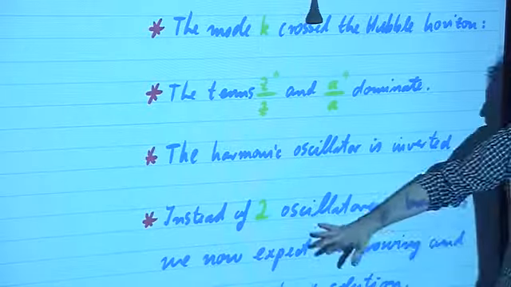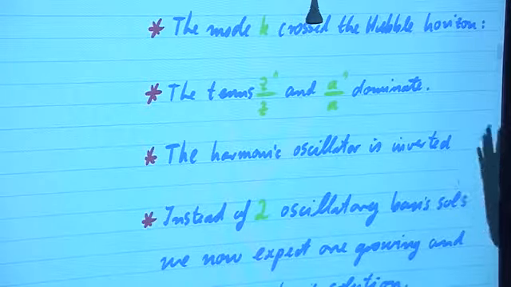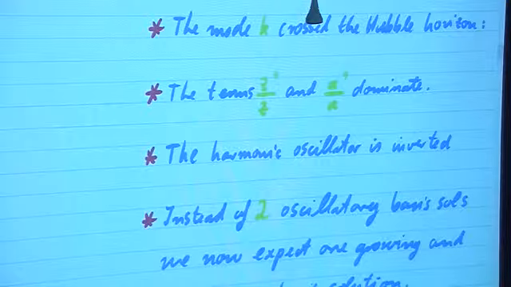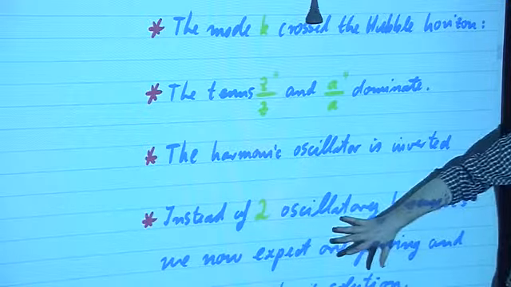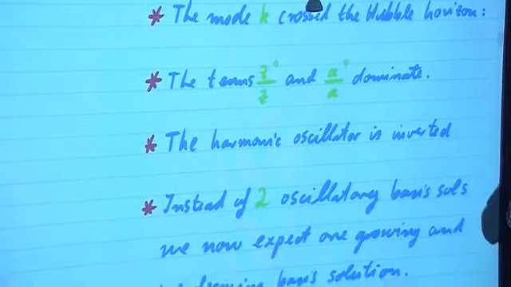Instead of having those two, which are legal basis vectors at early times, when it's basically Minkowski space, at late times with the inverted harmonic oscillator, the omega becomes imaginary. And so you have an exponentially growing solution and an exponentially decaying basis solution, just because the omega changes from being real to imaginary.